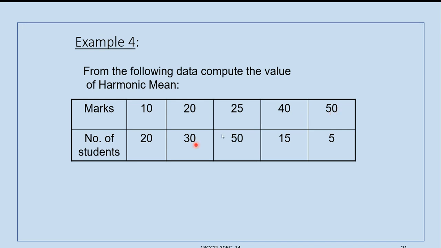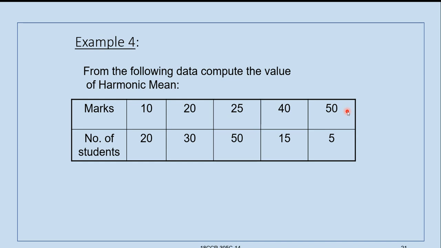In the second column we'll take frequencies. This will add up: 20, 30, 50, 50, 50, 100, 100 plus 20, 120. So 120 is the total of frequencies, and reciprocals are 1 by 10, 1 by 20, 1 by 25, 1 by 40, 1 by 50.